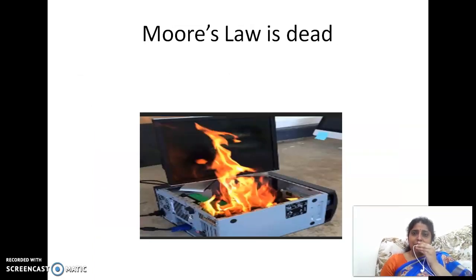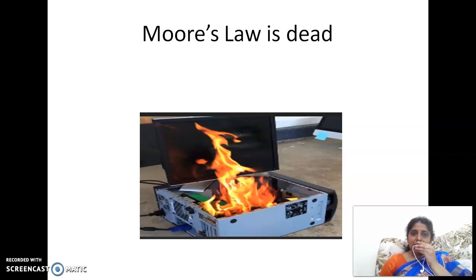But nowadays we can see some articles like 'Moore's law is dead', 'RIP to Moore's law', 'let Moore's law rest in peace'. The theme of those articles is that from 1965 onwards through all these years, we have seen exponential growth in the number of components. If you consider the channel length of the transistor, it became smaller. It was in millimeters previously, then in nanometers, 180 nanometer, 22 nanometer.